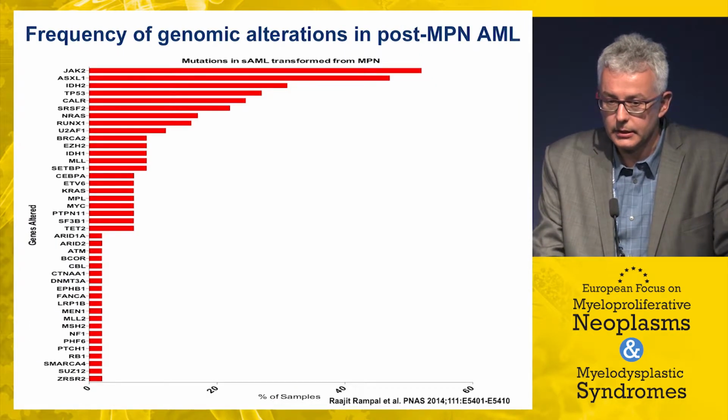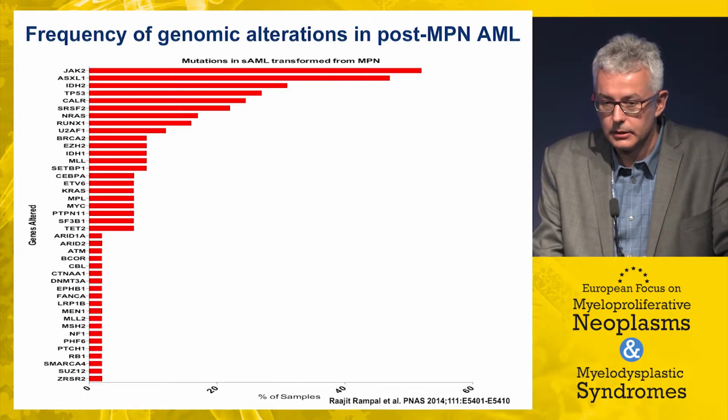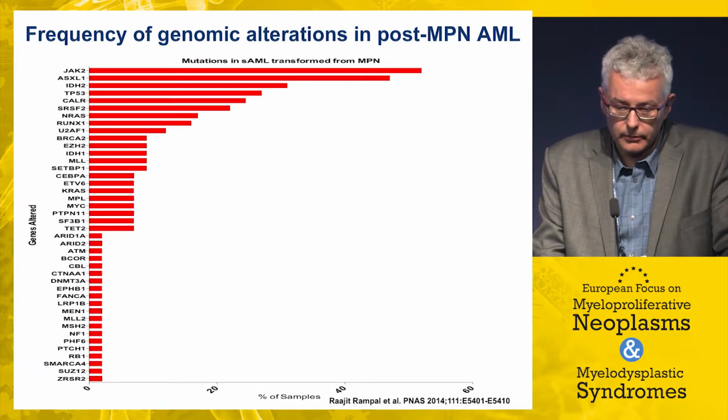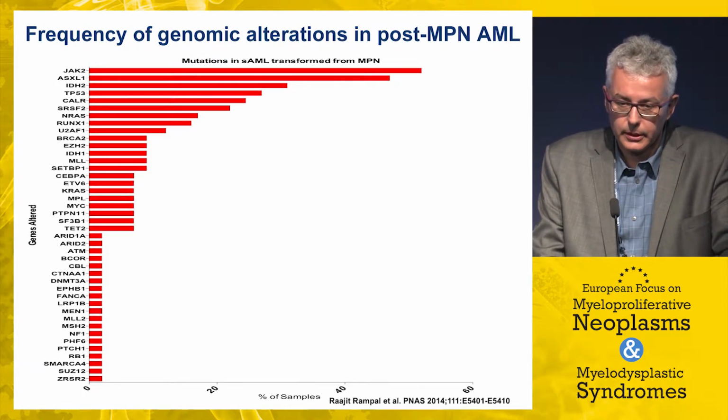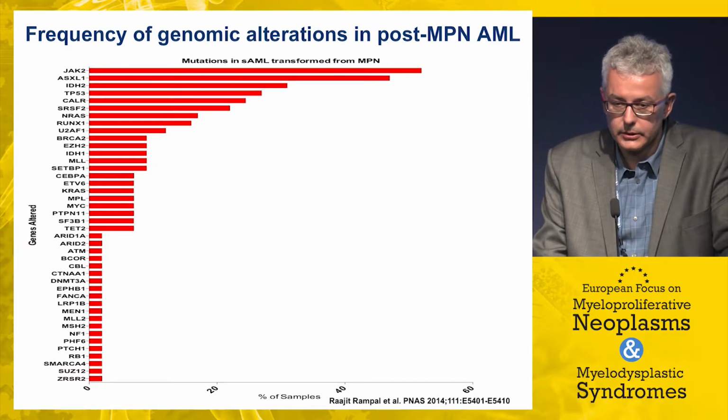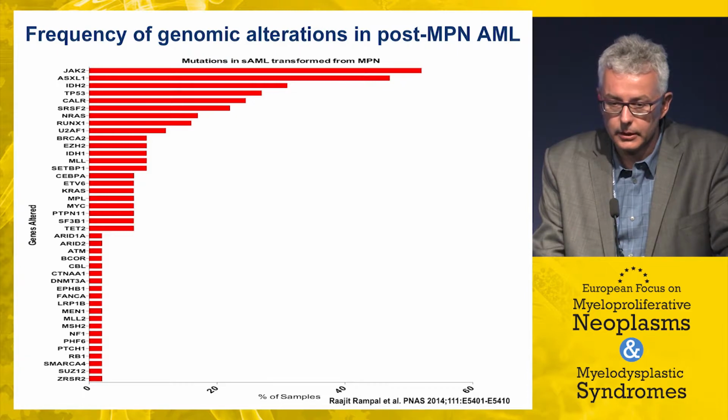Now, the identification of abnormalities that are associated possibly with the transformation is a topic on its own. This is one paper from, again, a group at Memorial Sloan Kettering looking at the extensive list this time of mutations in patients that transform from MPN to acute myeloid leukemia.